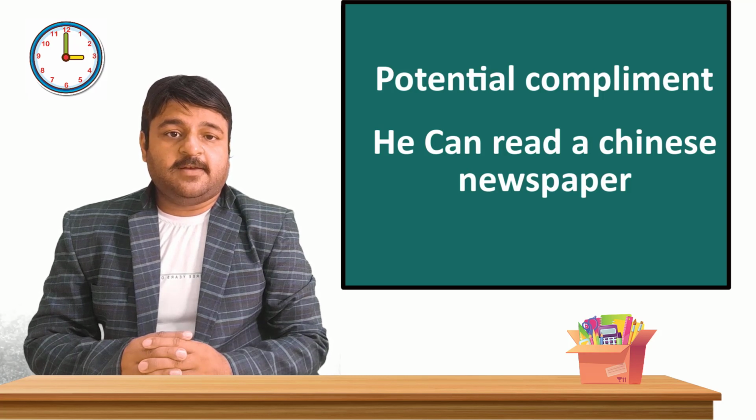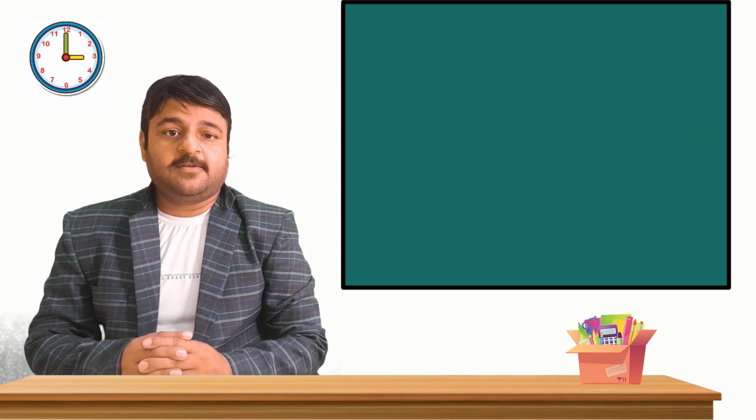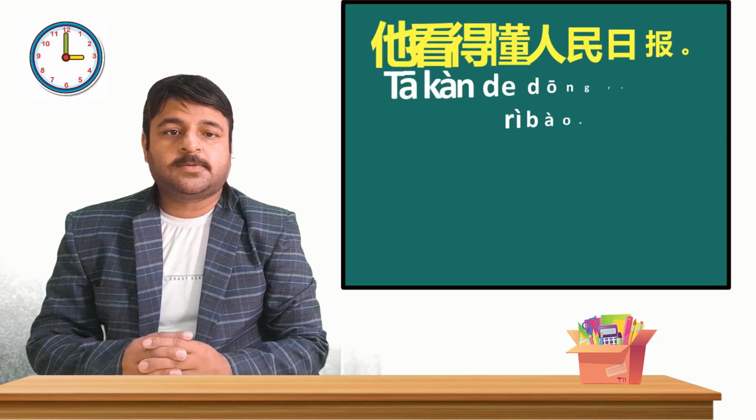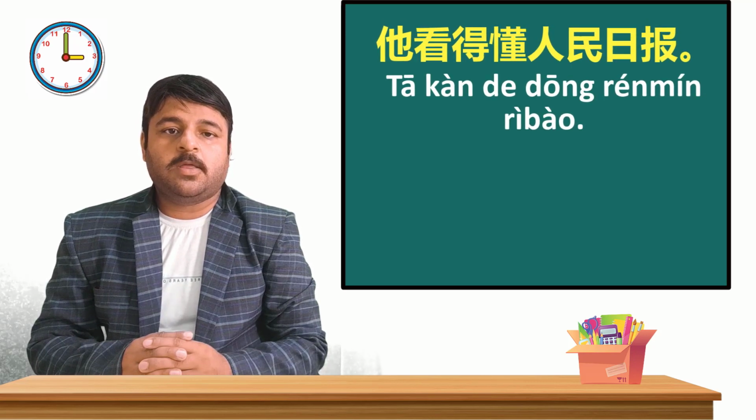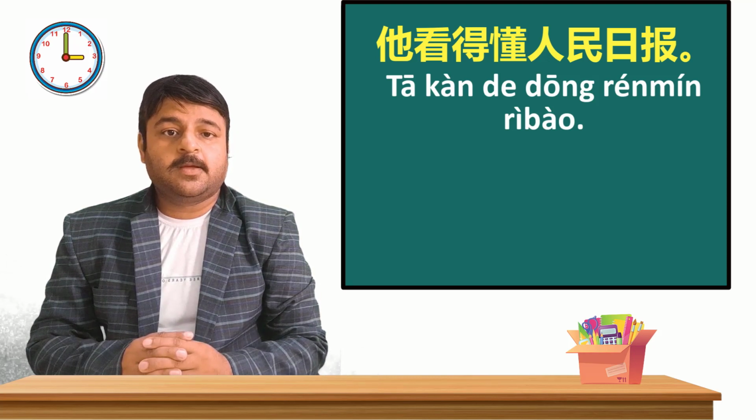Let us read this Chinese sentence where we translate this sentence using a potential complement by placing the 得 between the main verb and the resultative complement. 他看得懂人民日报. Kàn is to see or read. Dǒng is to understand. Kàn is the main verb and dǒng, understand, is the resultative word.